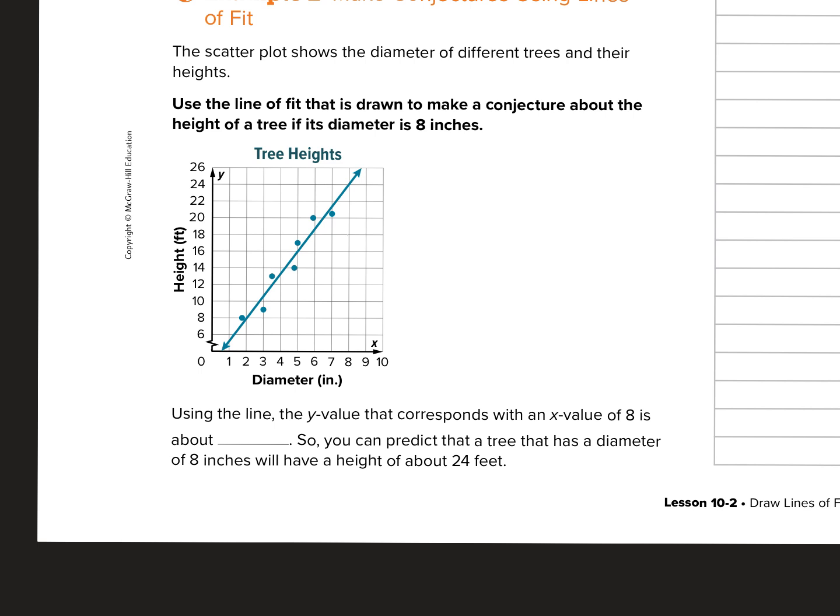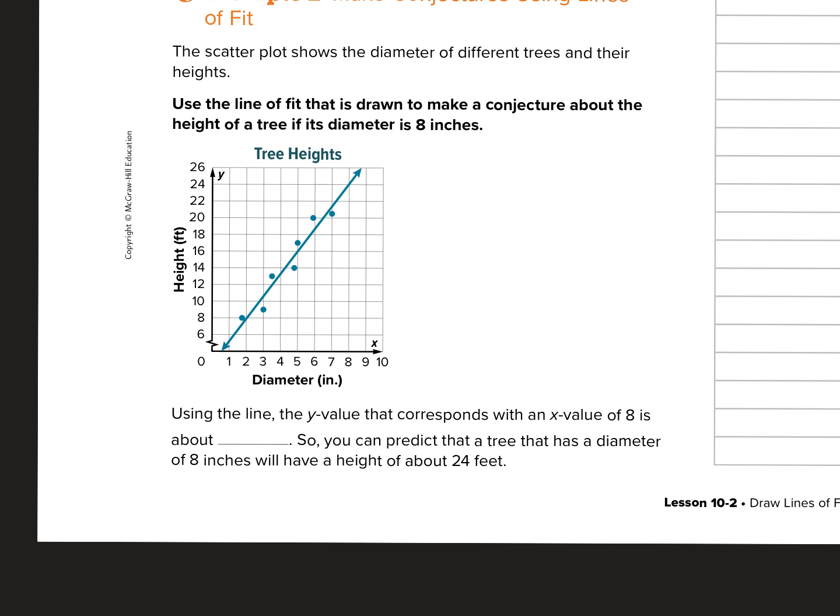So we have a height of a tree, and the diameter of its trunk. The line is already drawn in there for you. It's a really good line of fit. You're now just going to use that line. If the diameter is 8 inches, then what would you expect the height of the tree to be?